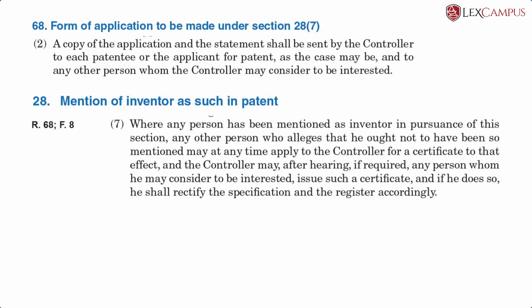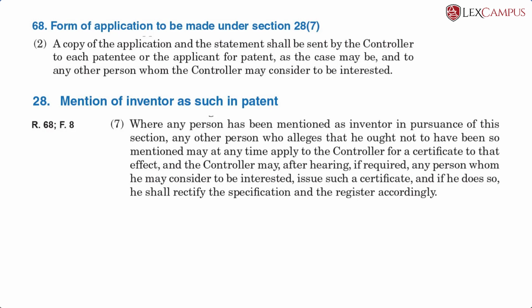Even the language of 28(7) tells us may at any time apply to the controller for a certificate, any time. There is no time stipulation that it should be before the grant. So, even this provision read along with the rule which says patentees can be notified, as the case may be, tells us that the certificate or the rectification can be done even after the grant. It can be done even after the grant before the controller.